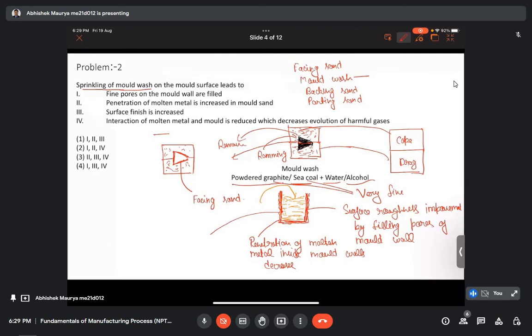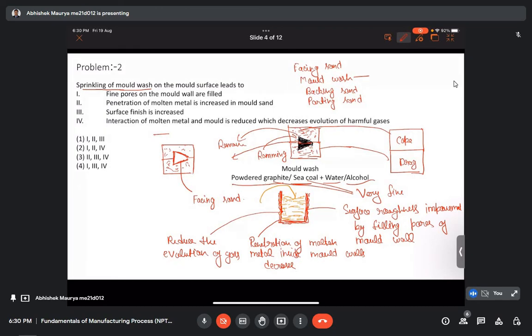So the task of the mold wash is to reduce the degree of reaction between the molten metal and mold wall, to reduce the evolution of gases. So these are all the functions of the mold wash.